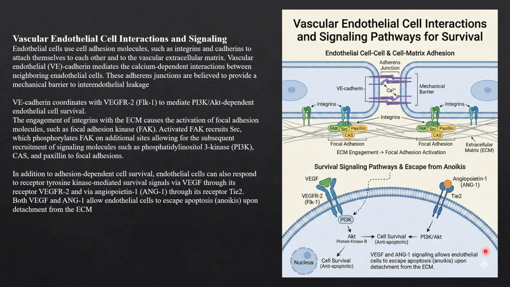This simultaneously integrates the interactions with the extracellular matrix, or ECM, activating the focal adhesion complexes involving proteins like FAK, SRC, Paxillin, and CAS, which transmit survival signals into the cells.